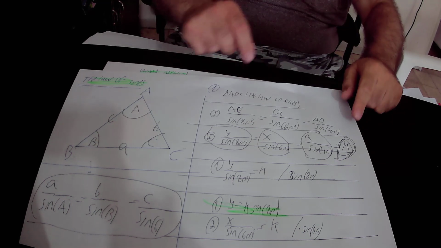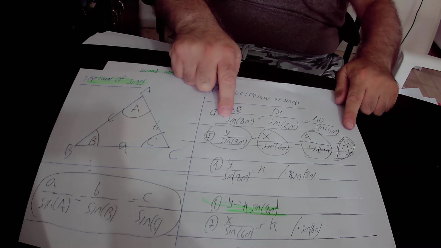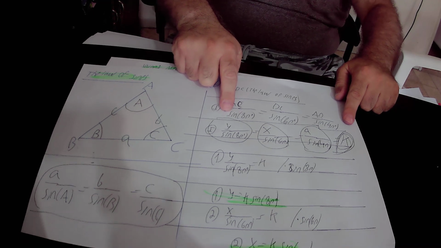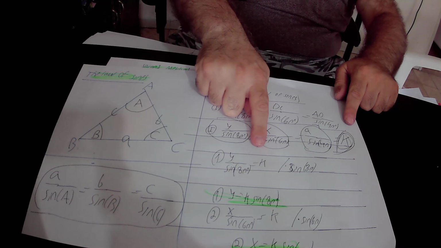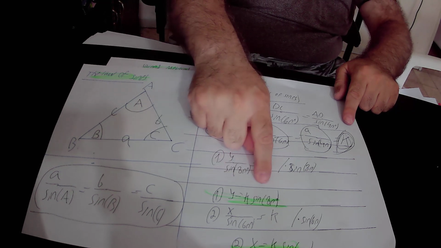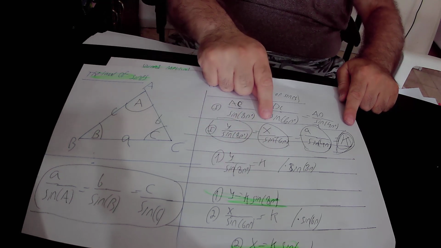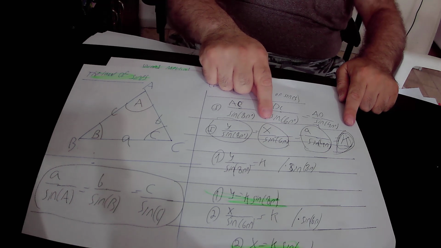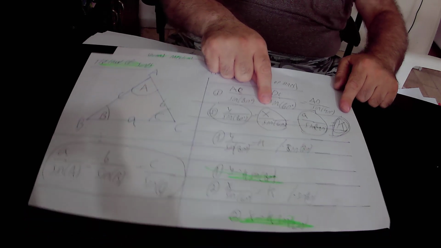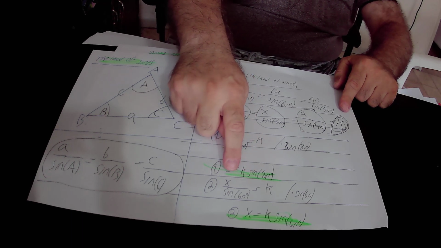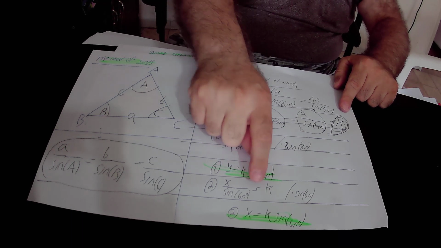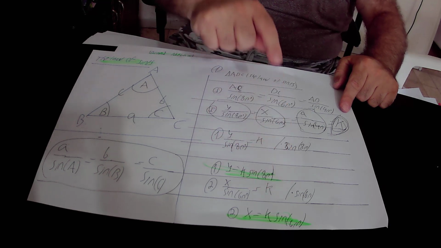Then we derive the first equation. Those two expressions are equal to each other. That is to say, y over sine 80 degrees equals k. We multiply this equation by sine 80 degrees and found out that y equals k times sine 80 degrees. Then we derive the second equation. Those two expressions are also equal to each other. That is to say, x over sine 60 degrees equals k. We multiply this equation by sine 60 degrees and found out that x equals k times sine 60 degrees.